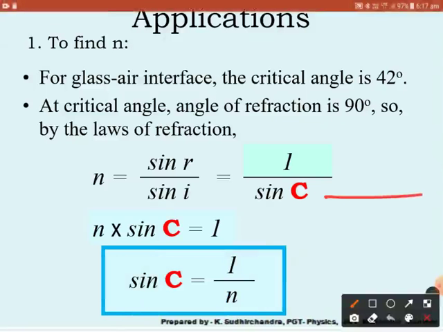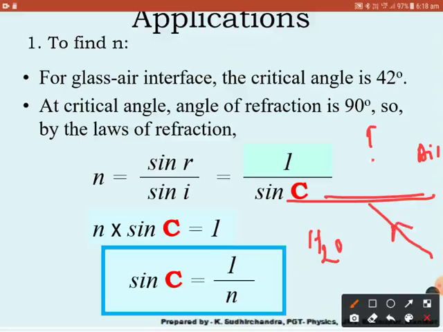So the diagram was like this. This was water and this side was air. That means this side is the rarer medium, and the downward side is the denser medium. Light travels from here like this in the denser medium, this is the normal, and your refracted ray is like this.